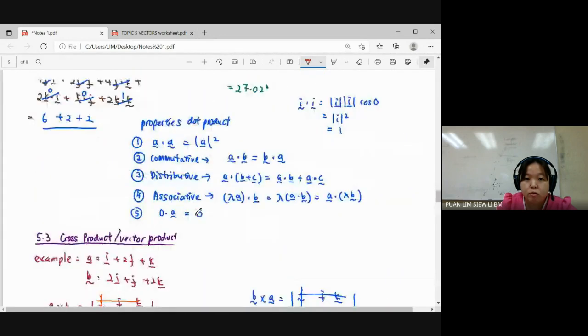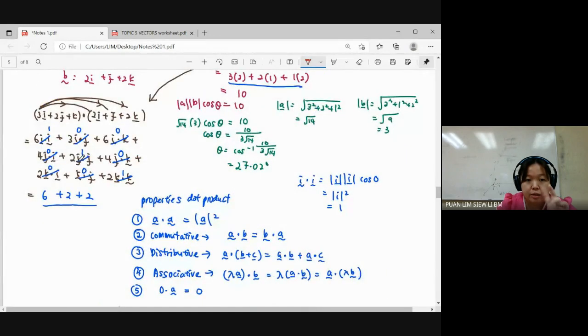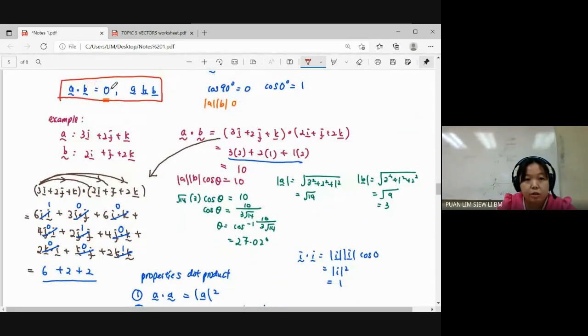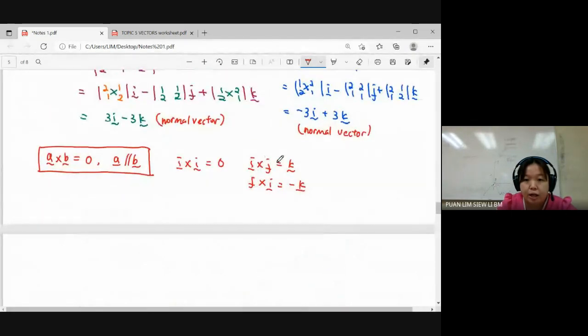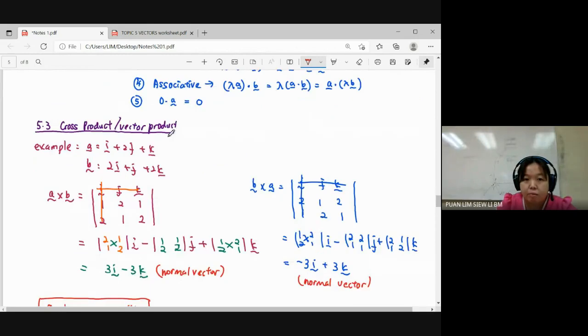So when we come to different vectors, I dot J, J dot K, I dot J, J dot K, all 0 because I and J are perpendicular. But when we come to I cross J, J cross I, we get another vector because we produce a vector product.